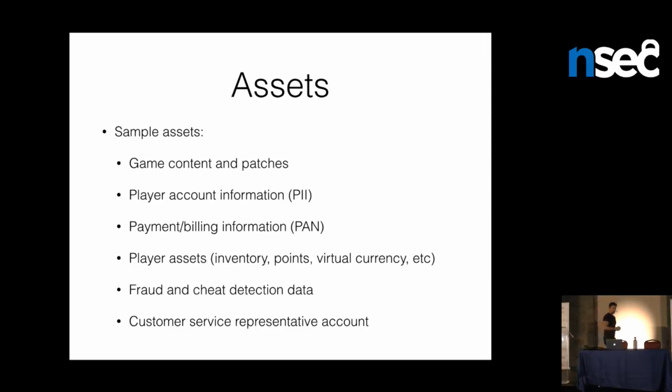And of course, if an account is compromised, all the assets within that account are compromised. Then you have things that facilitate fraud and cheat detection. So the descriptive metadata that services are collecting and monitoring on. If an attacker was able to tamper with that, that could facilitate cheating. And then you have access to customer service representative accounts, this is more of that functionality piece.